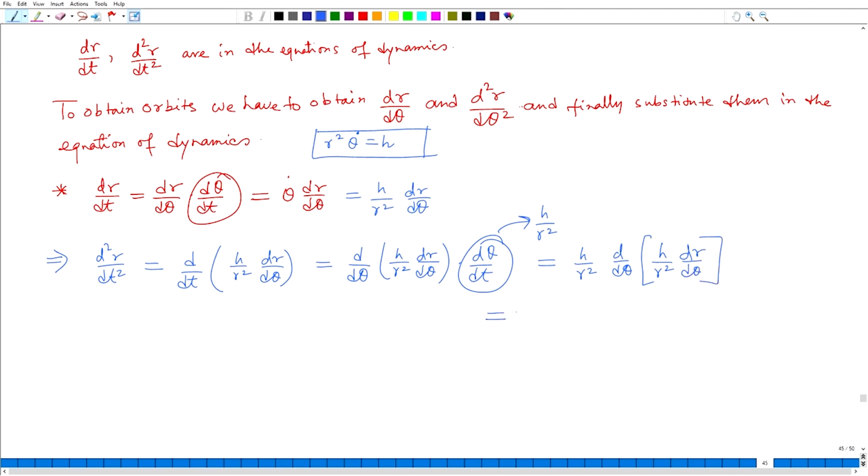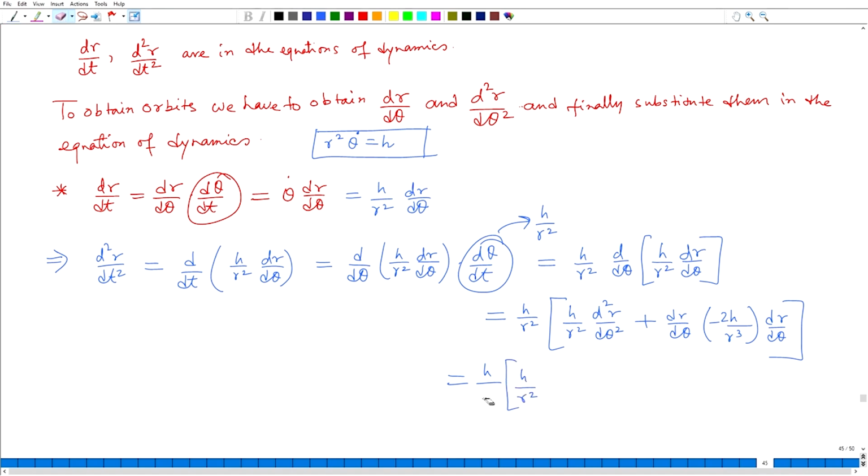Finally, compacting everything, I can write h square by r square times d2r d theta 2 minus 2h square by r cube times dr d theta whole square.